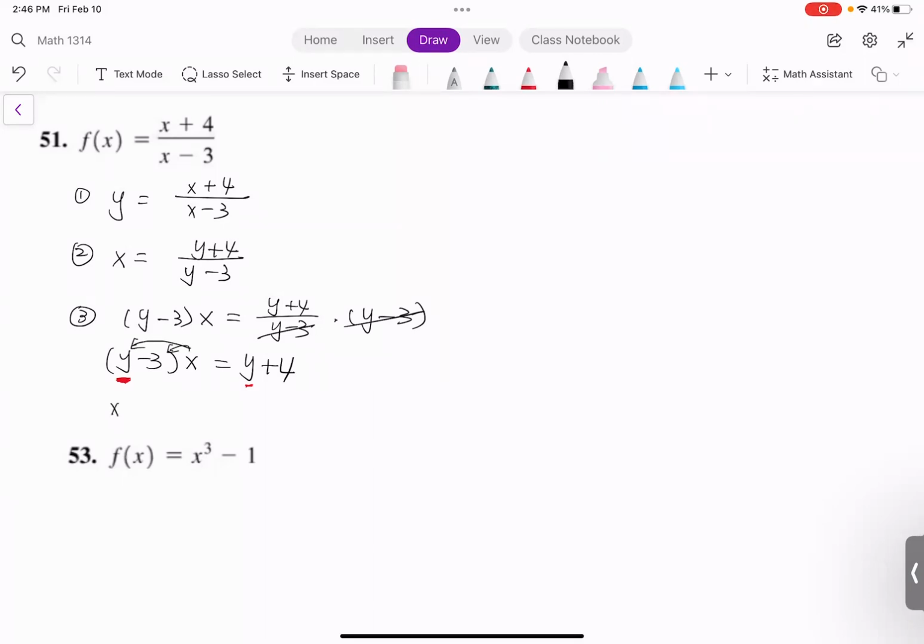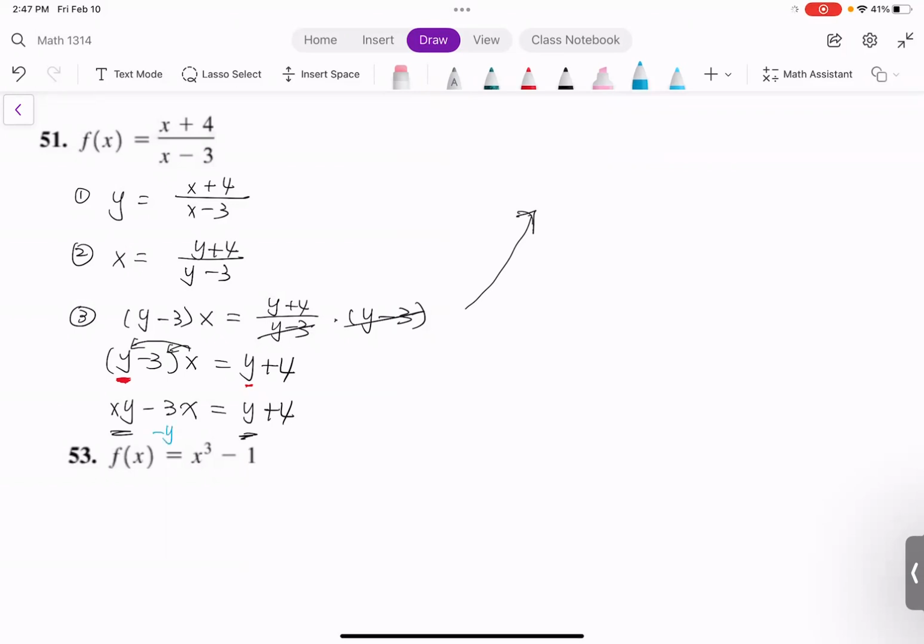We have xy minus 3x equals y plus 4. And then we need to combine these two y's. So if I move all of the y to the left-hand side, I can subtract the y from both sides.